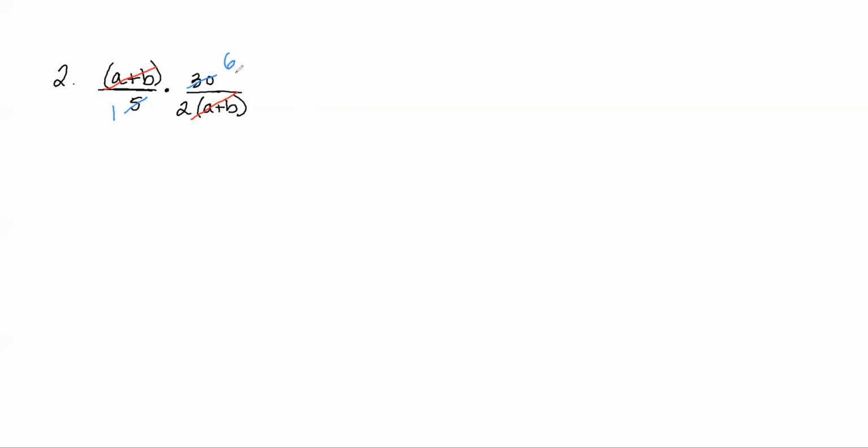And now at this point, we could reduce the 2 and the 6 here. I'm going to do it in the next step just because it can get kind of messy if you reduce again with the same number. So along the top, we have just a 6. On the bottom, we have 1 times 2, which is 2. And 6 divided by 2 is 3.